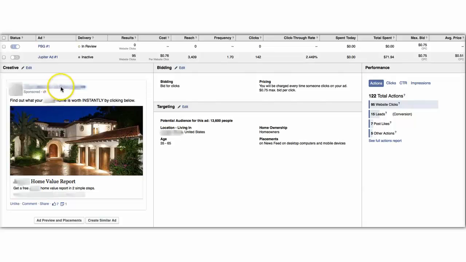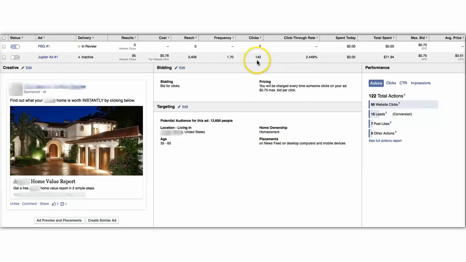However, if they click up here on your page name, they're going to get taken to your page. If they click down here to like, comment, or share your ad, that also counts as a click. So all of that is going to be counted as a total click, which is right here, but not a click to the website.